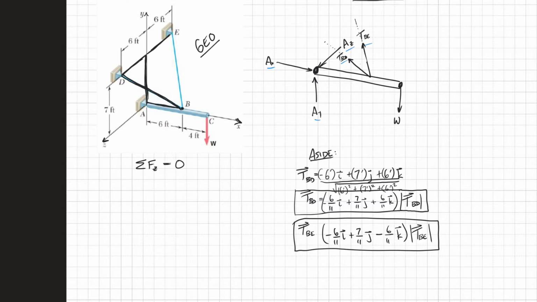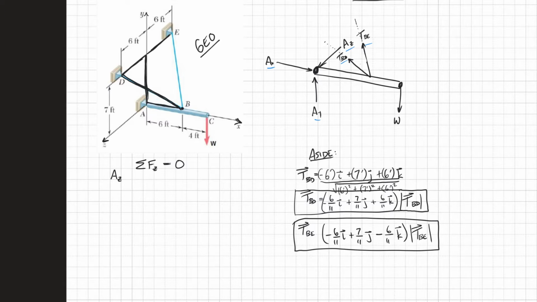Well, let's see here. So we've got, in the z direction, we've got AZ. Okay, and that's positive because I made it positive. Okay, and then I've got the k portion of TBE and the k portion of TBD.